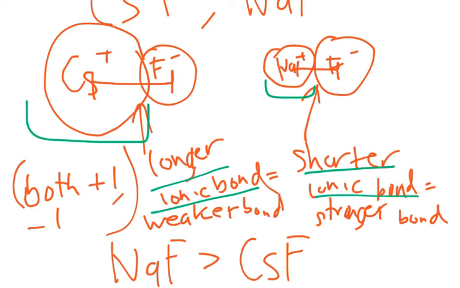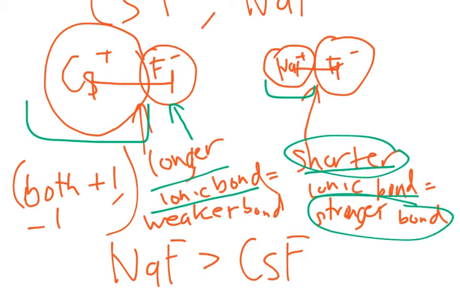And because longer bonds mean weaker bonds, this will have the weaker bond, while the shorter bond will have the stronger bond, because if the distance between the two ions decreases, the attraction increases, and this is Coulomb's law once again.